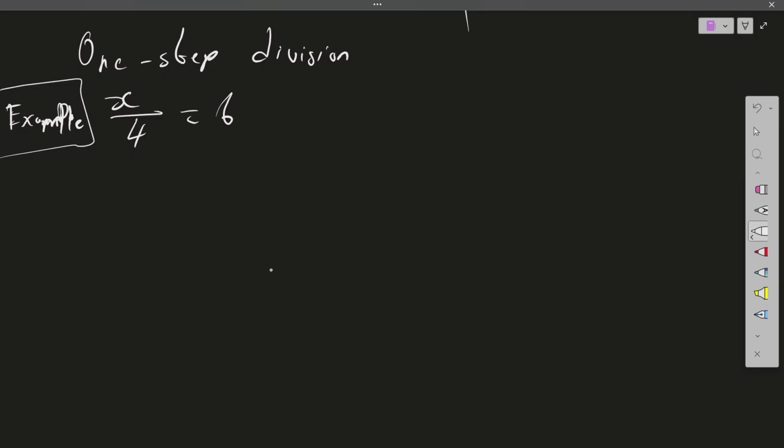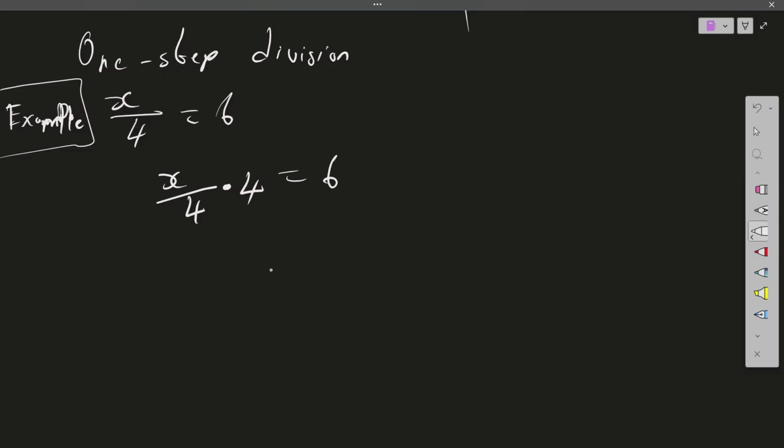And so if x is being divided by 4, ask yourself what is the opposite of dividing, which is in this case multiplication, okay? And so x divided by 4, so now you need to multiply by 4, right? So you get the idea. So if we have x divided by 4, we are going to multiply by 4.